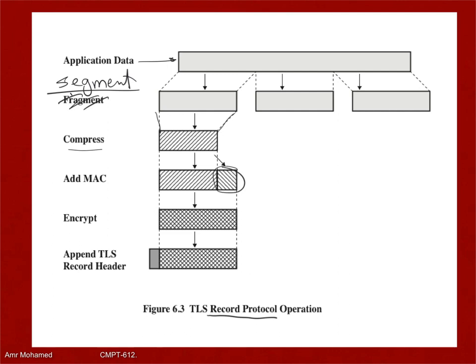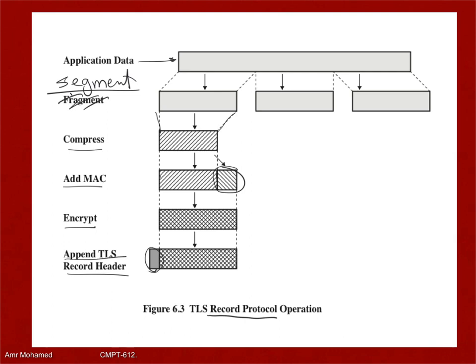We did that before several times, so there's no issue. Here, we add the MAC first, and then we do the encryption. In IPsec, we did the other way around, right? There's no significant difference between doing one before the other. And then we append the TLS record protocol header.